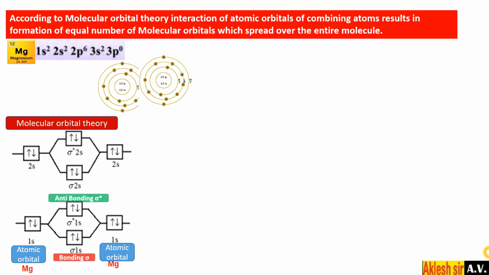In molecular orbital theory, we can see each energy level splits into two new energy levels, that is, bonding and anti-bonding. Thus each energy level splits into an equal number of molecular orbitals.